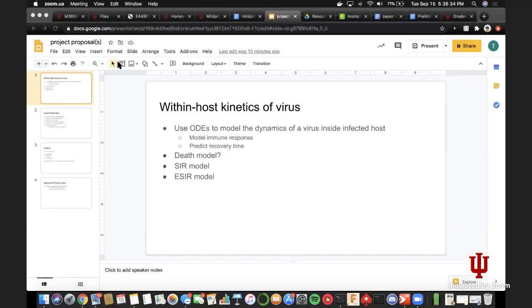Okay, so I'm primarily interested in the within-host kinetics of viral infections. I was torn between this and cancer, but I think this might be the way I want to go. Some potential models I've read over in the papers are mostly SIR models. And in one of the papers I was reading, there was an extended SIR model.